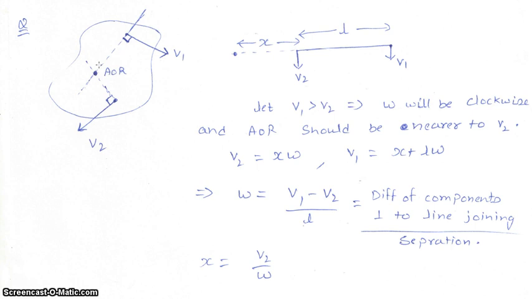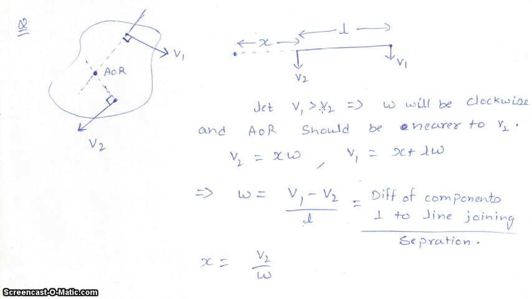So in this diagram here it should be, and if there are 2 points on the body 1 and 2 which have parallel velocities, let's say v1 is greater than v2, so if the point is nearer to axis, its speed will be less.